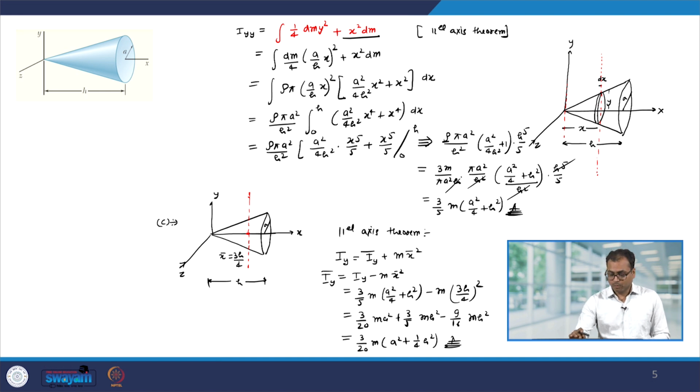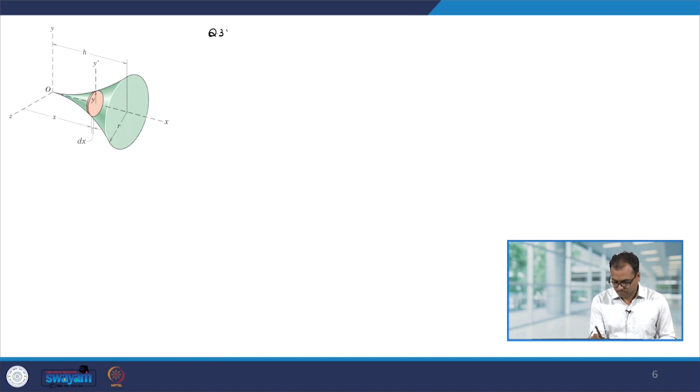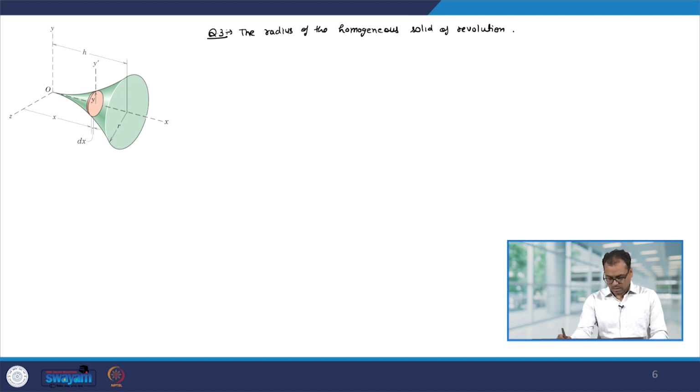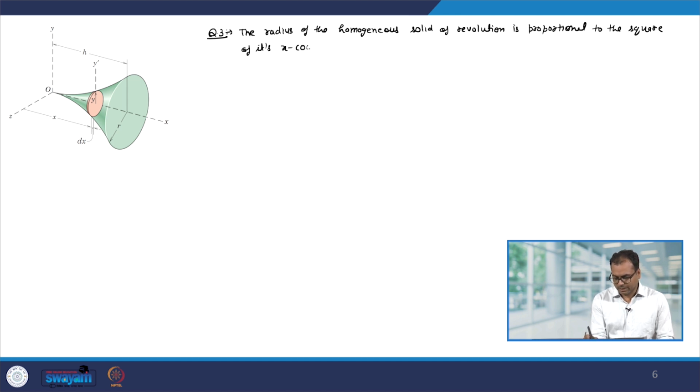Now, let us look at one more problem. The radius of the homogeneous solid of revolution is proportional to the square of its x coordinate.